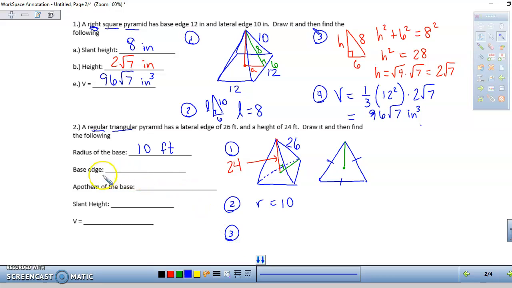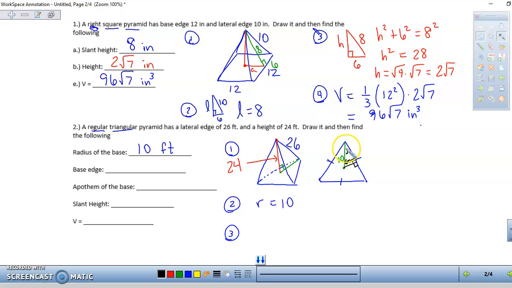Okay. 3, the base edge. So now that I know that the radius is 10, I'll label 10 right here. Now I can help myself figure out the base edge and the apothem, because in an equilateral triangle, if I draw the apothem in there, maybe I'll do that in black. If I draw the apothem here, you do end up with a 30, 60, 90 triangle when it's in an equilateral triangle. So this radius cuts the angle here in half. So this is your 30, and then this would be your 60, and that's your 90.